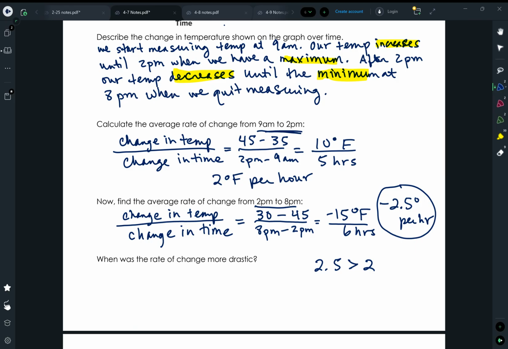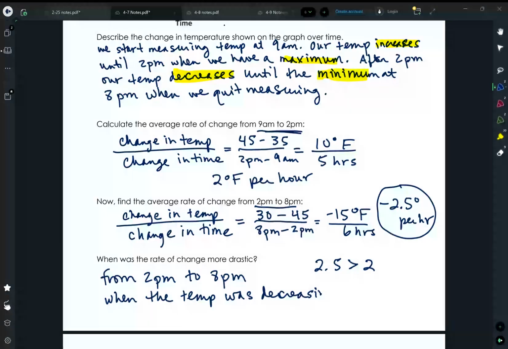So the rate of change is more drastic from 2 p.m. to 8 p.m., when the temperature was decreasing. Because again, from 9 to 2 it was going up, from 2 to 8 it was decreasing instead.